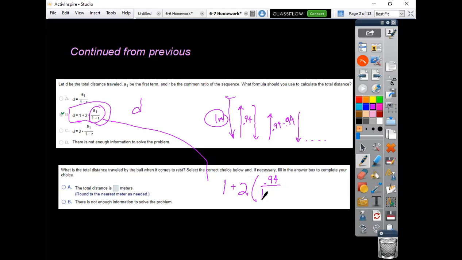And then 1 minus, what was the rate of rebound every time? The 0.94. So if you plug that in and work that out, you'll get your total distance, and it says to round to meters, and I think I just did that on mine, and it came out to 33 1/3. But there's a lot to that first problem of that lesson, but that's how you would work it.